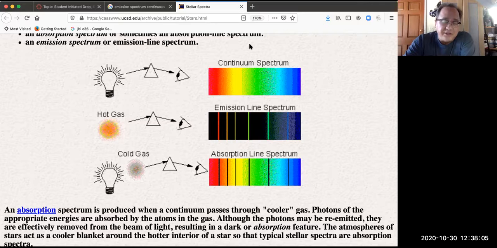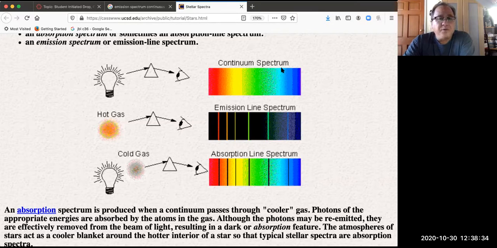You see a continuous spectrum from the sun. If you were to take a branding iron like you use on a cow and put it in a fire and make it white hot, that white hot light would be a continuous spectrum also. So white light generally gives you a continuous spectrum.